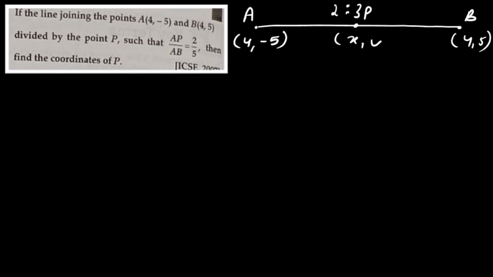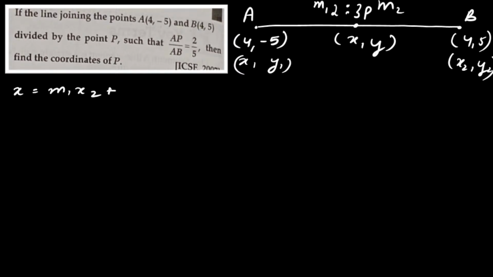Now we have to find the coordinates of point P. I am writing the coordinates of point P as x, y. The coordinates of A are x1, y1 and of point B are x2, y2. I am sure you are also writing along with me. So m1 is 2 and m2 is 3. Now we use the section formula. x is equal to m1 x2 plus m2 x1 by m1 plus m2.